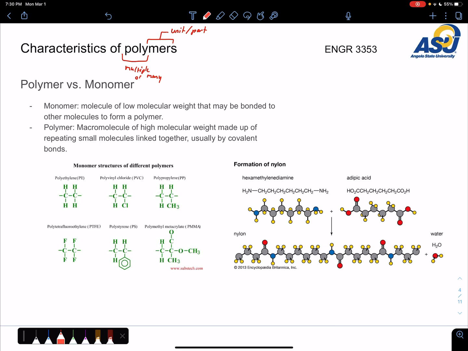And keep in mind that covalent bonds are some of the strongest bonds. So your polymers tend to be stronger or have higher mechanical property values than monomers. And here are some examples of monomer structures and, of course, polymer structures.